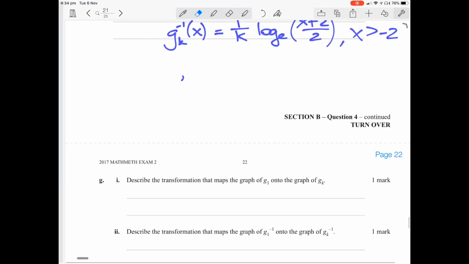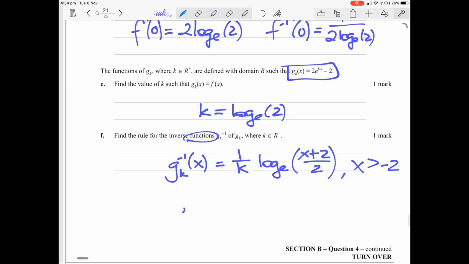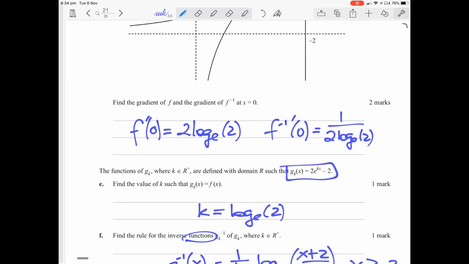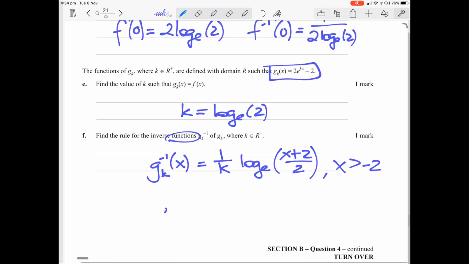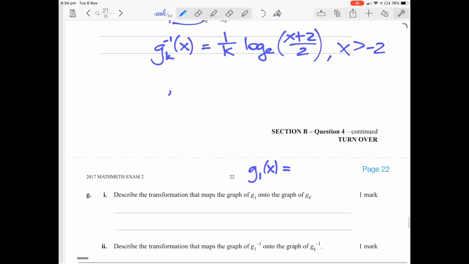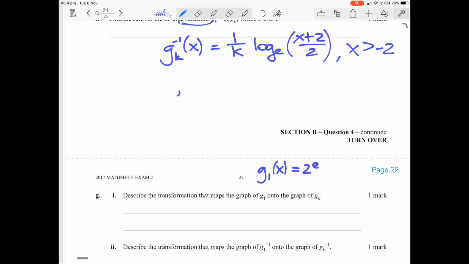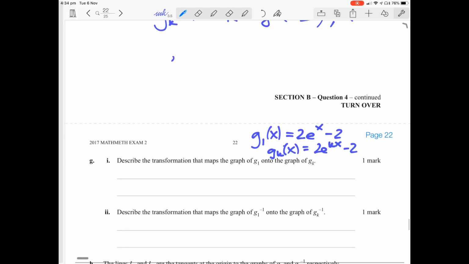So g_1 of x, when I put 1 into that, I get 2e to the x minus 2, and then g_k of x is 2e to the kx minus 2.